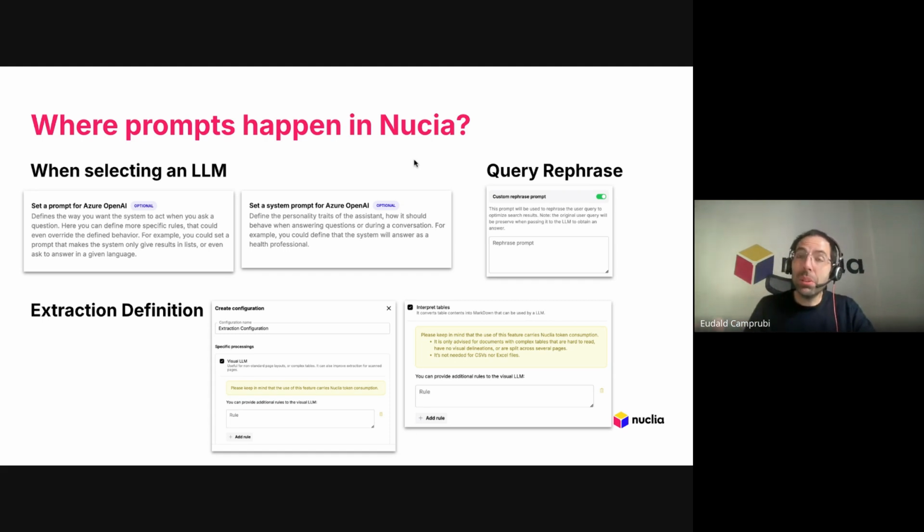But there are several other places in which you can add your own prompt, and making sure that you structure the prompt in a way that Carmen will cover later is important. So besides being able to define the prompt of the LLM, the general prompt and the system prompt, in the search you also have a way where you can prompt the rephrase of the user's query.